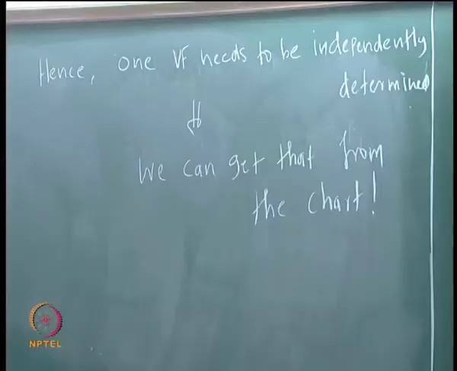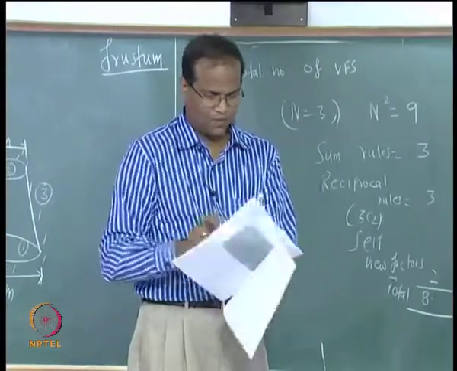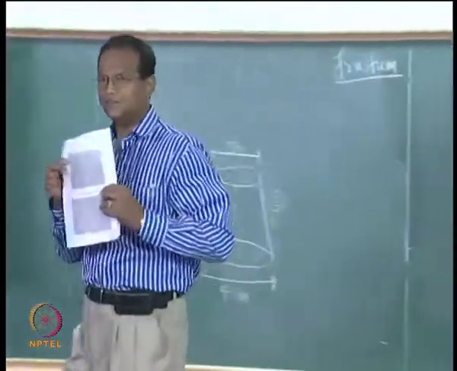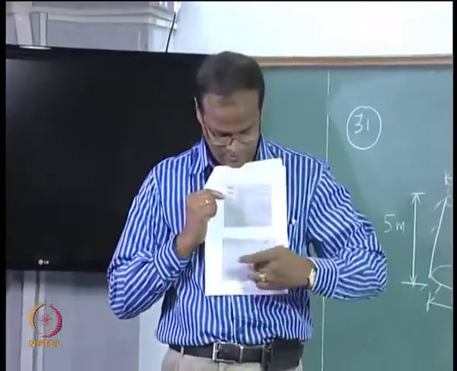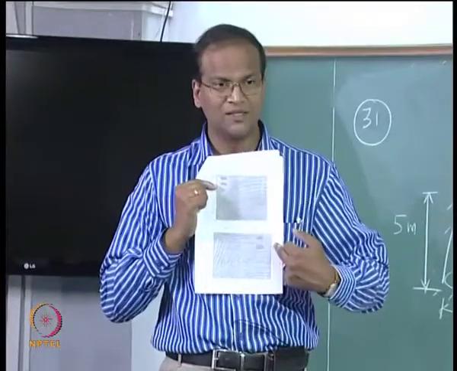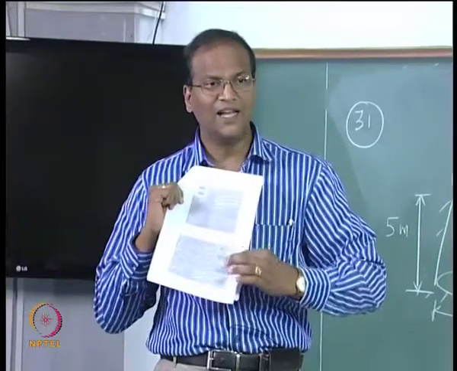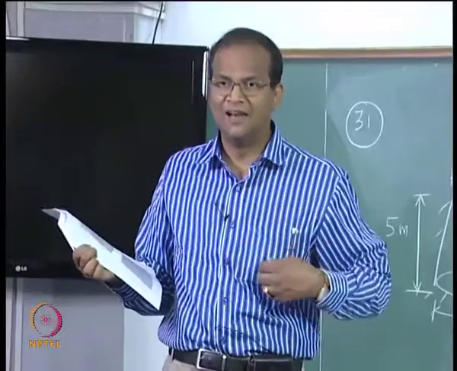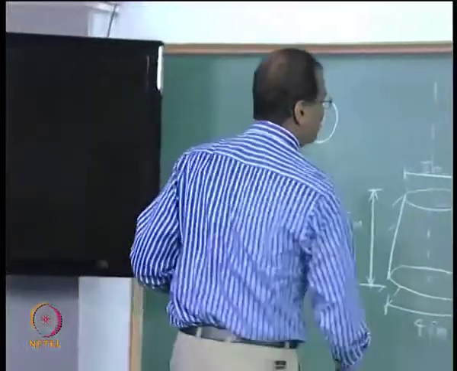The chart is given like this: view factor for coaxial parallel disks. Ri and Rj are the radii of the two respective disks and the height is given as L, that is the separation distance between them. Now you have to use the charts and get this.